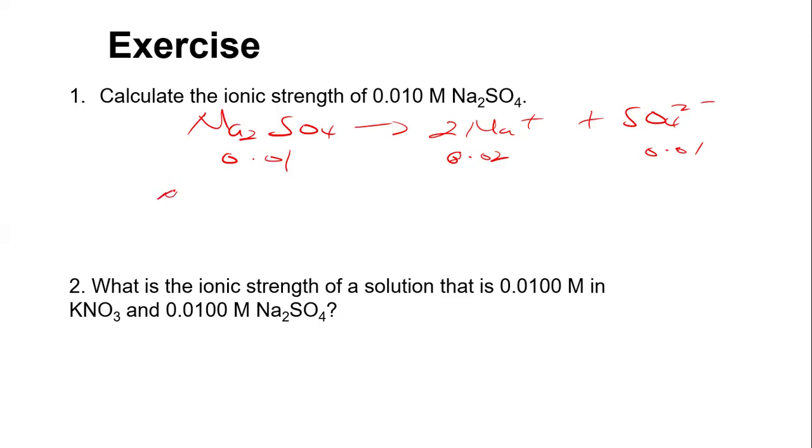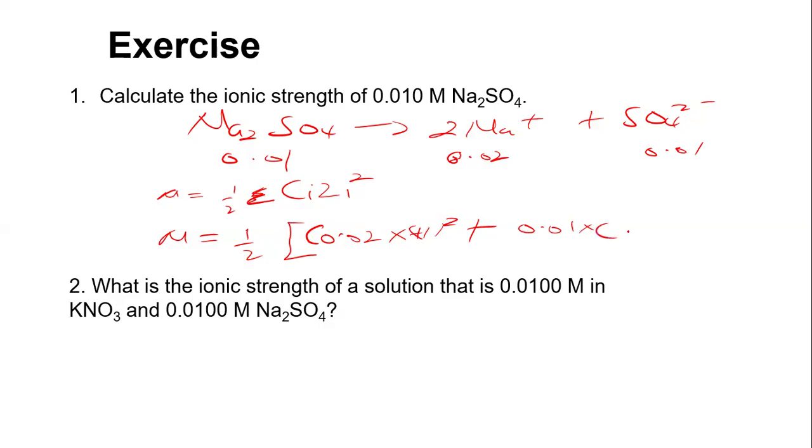Now the equation: the ionic strength is equal to half of the summation of CI ZI squared. So I have the ionic strength equal to half into a big square bracket. We have the concentration of sodium, which is 0.02, multiplied by the charge, plus 1 squared, plus the concentration of sulfate, which is 0.01, multiplied by the charge, minus 2 squared.